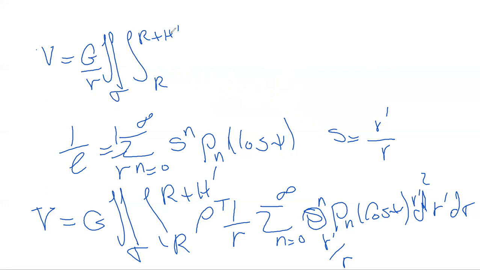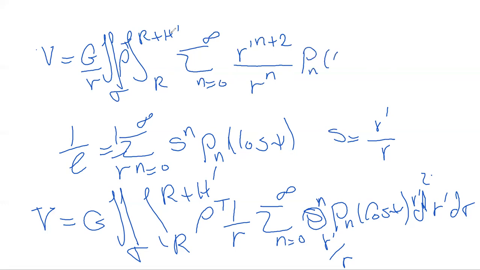Rho, you assume that the density does not change radially. The summation to infinity of r prime to the power n and r prime squared will be r prime to the power n plus 2, over r to the power n, P_n cosine psi, dr prime d sigma.